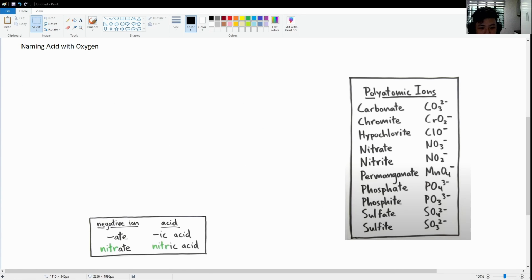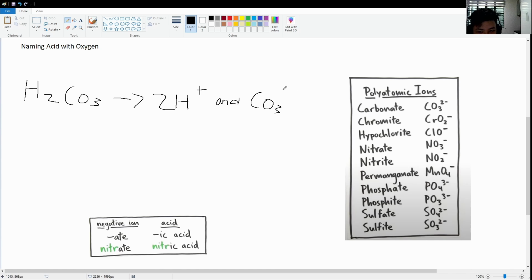So I'm going to give another example. The acid that we're going to name is H2CO3. We're going to break this into two parts. There are two hydrogens here, so 2H plus, and CO3 with the charge of 2 minus, because there are two hydrogens, so we must balance it out.